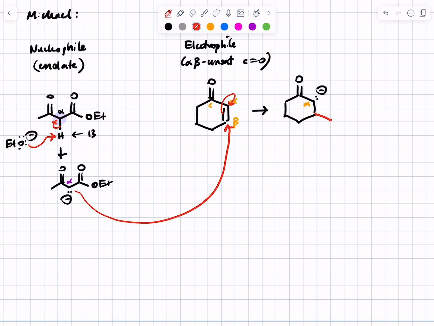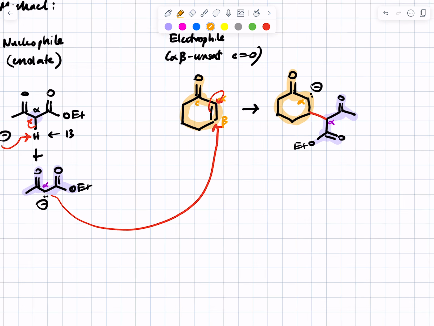Here in red is the new pi bond that we made, and what's on the other side of that is the purple alpha carbon from my enolate. In other words, this enolate is this portion of the molecule, and this electrophile is this portion of the molecule.